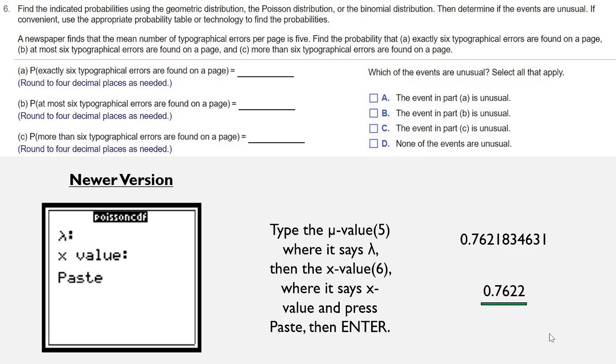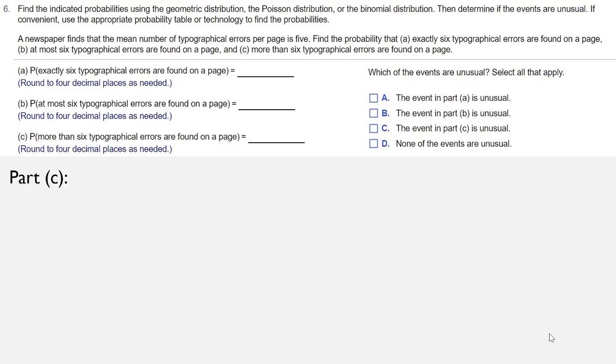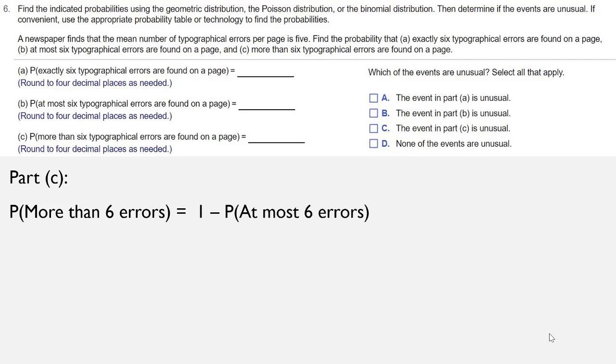So let's look at part C. In part C, we're looking for the probability that more than 6 typographical errors are found on a page. We just found the probability that 6 or less typographical errors were found on a page. So this would be the complement of part B. It would be 1 minus the probability that there were at most 6 errors.